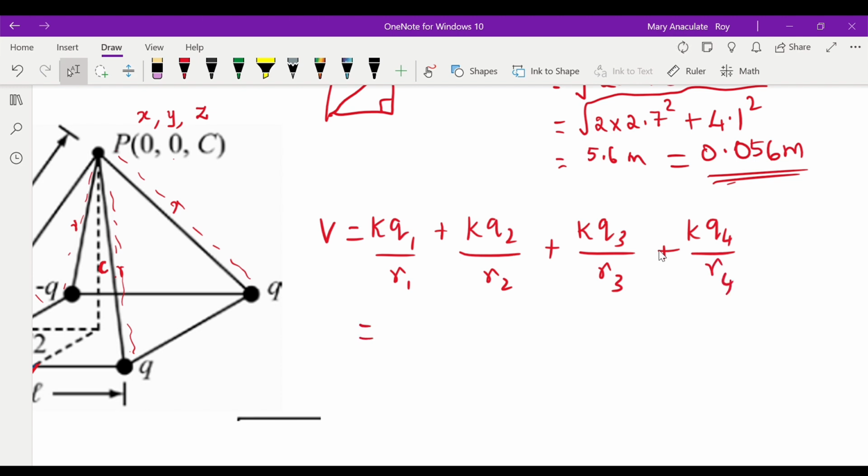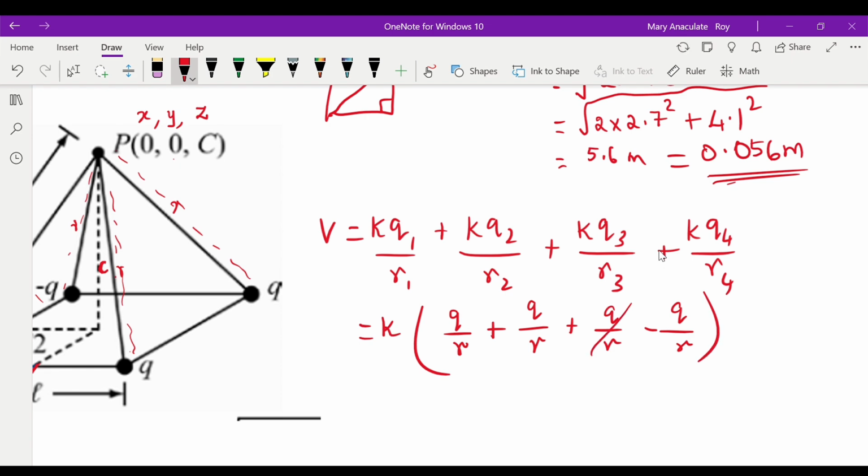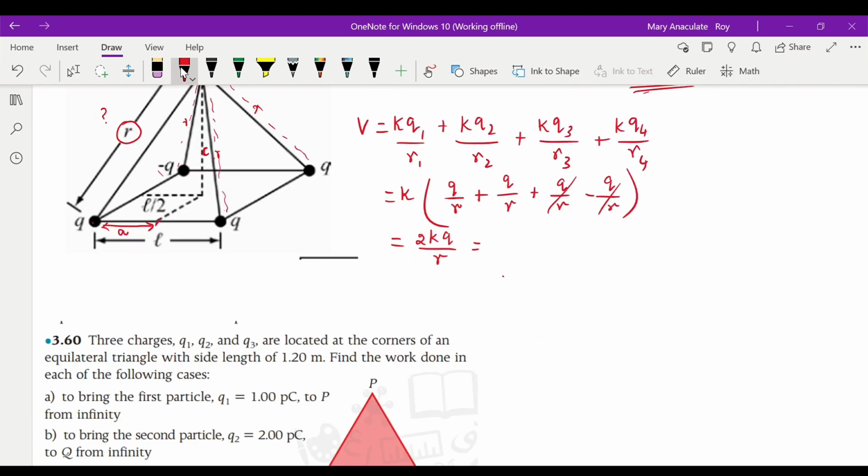As I suggested before, you can take the K outside, and all these charges are the same, so I'll just replace them with Q itself. But 3 charges are positive and 1 charge is negative, so keep that in mind. The distances are the same, so it is Q over R plus Q over R plus Q over R, then minus Q over R. So plus Q minus Q get cancelled, and this becomes 2Q over R. So the formula becomes 2KQ over R.